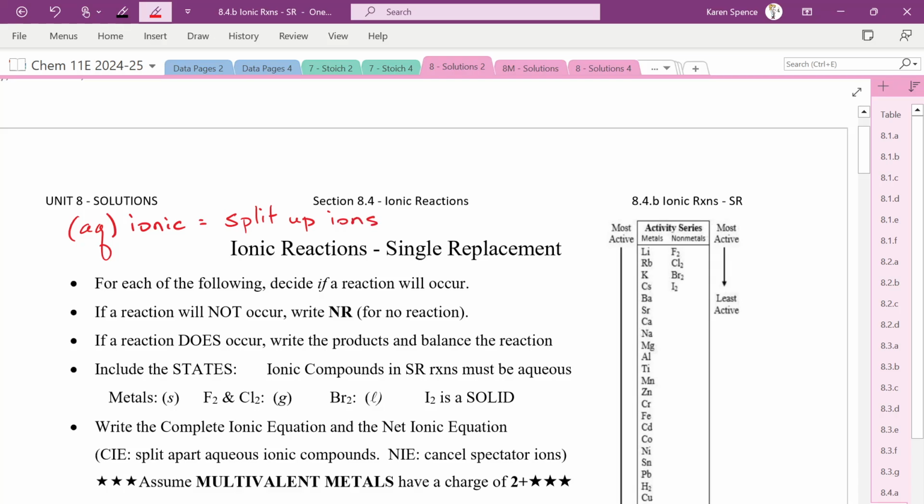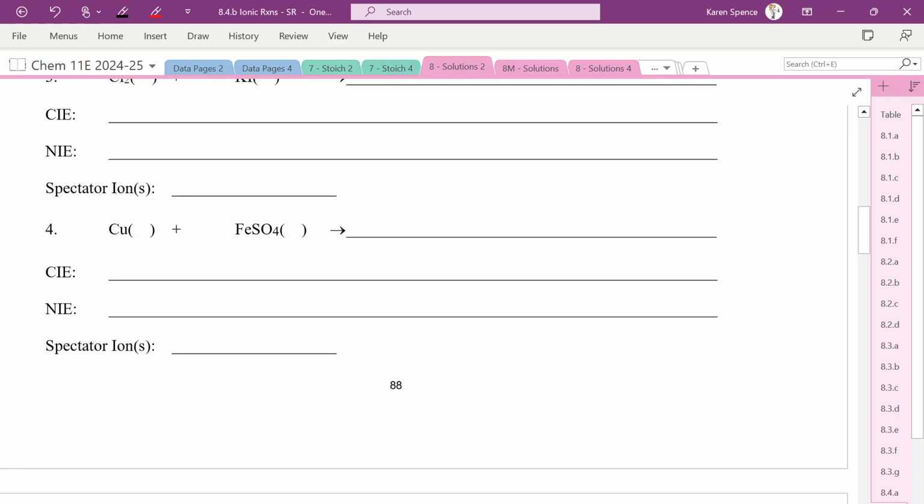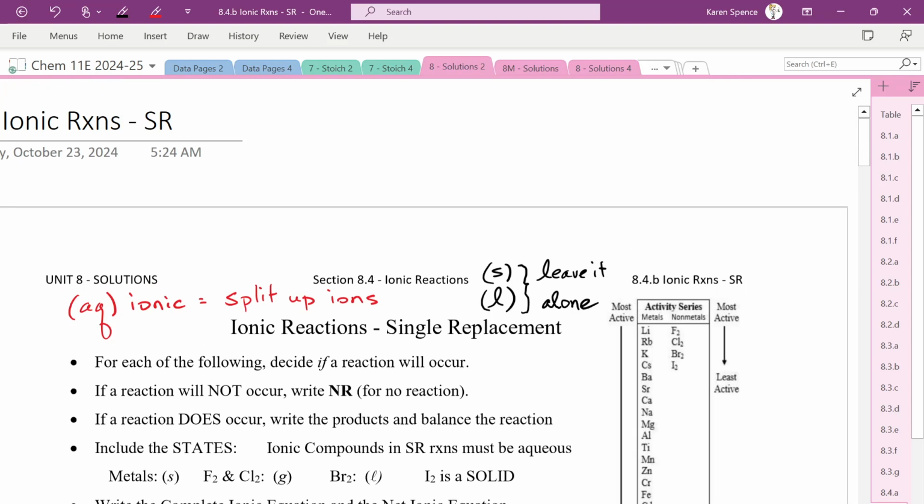What do we do if we have a solid or a liquid? Leave it alone. It's page 88.